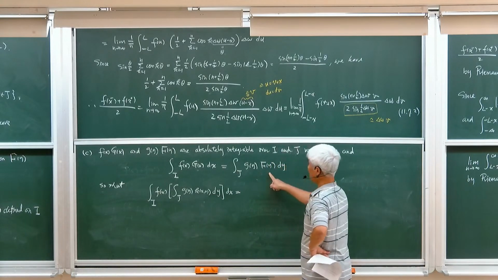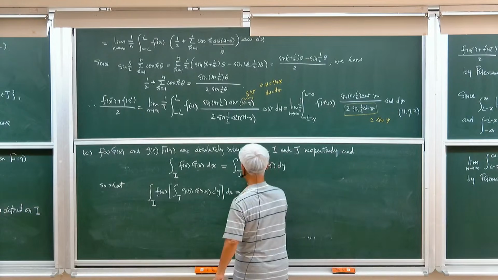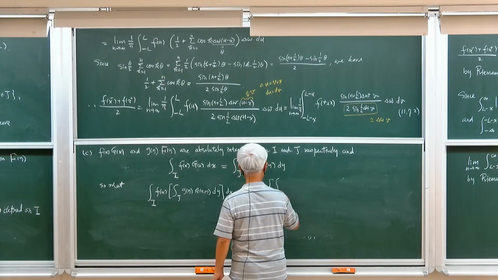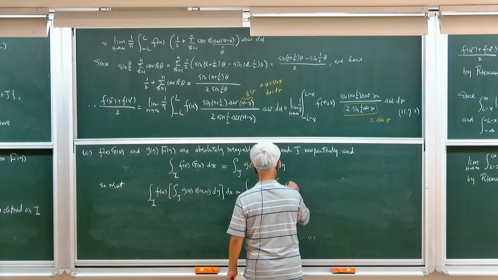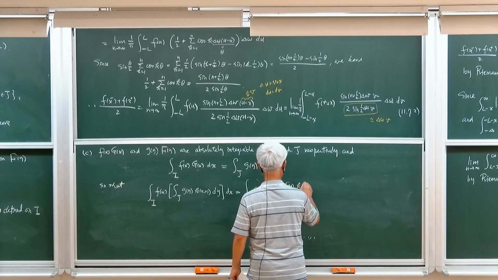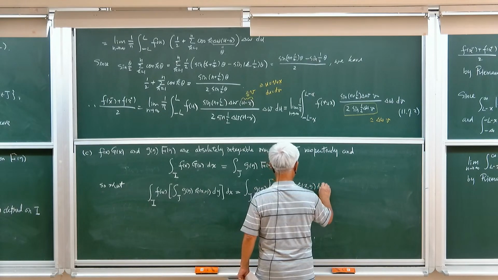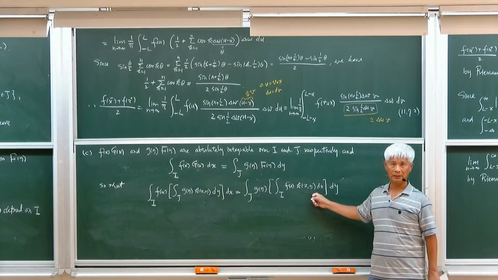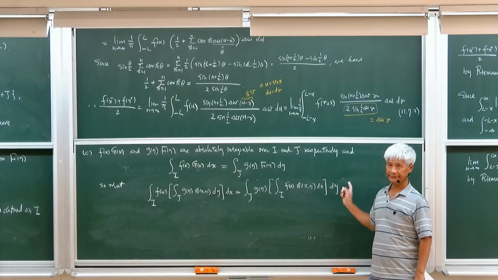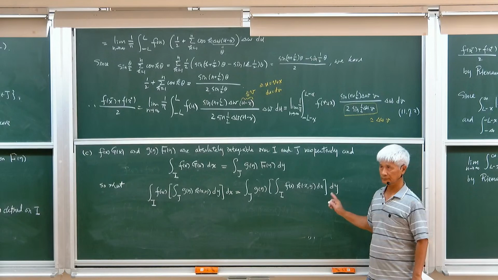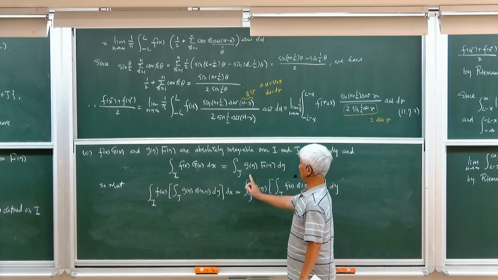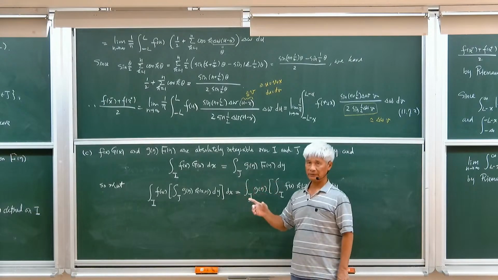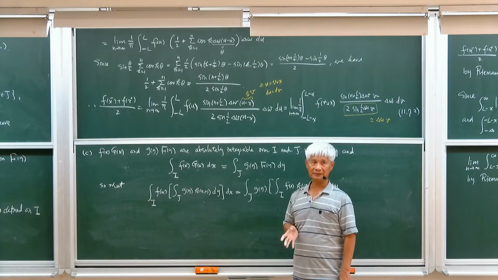How about the right-hand side? The right-hand side is also an iterative integration, but the order of integration is first over x and then over y. And so we establish the identity of the change of order of integration.